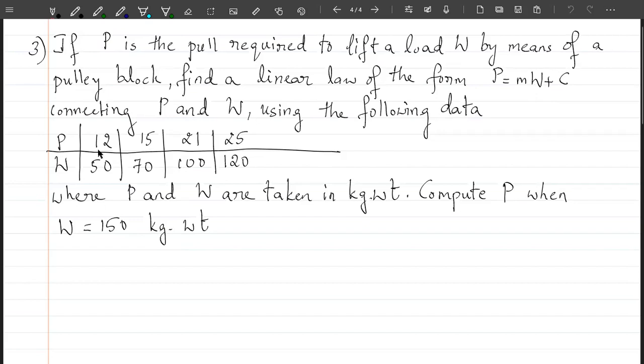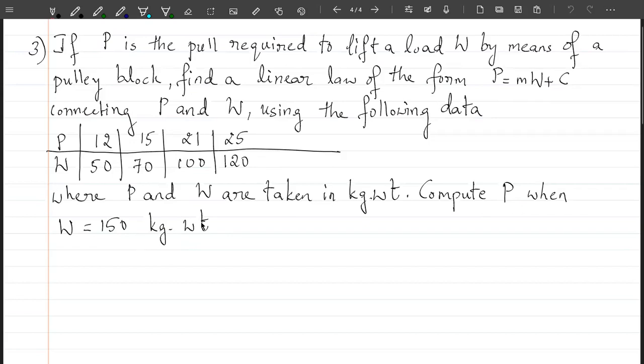So P values here are 12, 15, 21 and 25. Capital W here is 50, 70, 100 and 120. Where capital P and capital W are taken in kg weight, compute P when W is equal to 150.